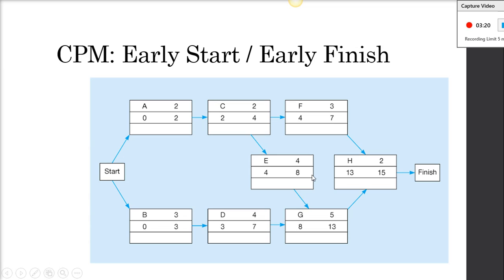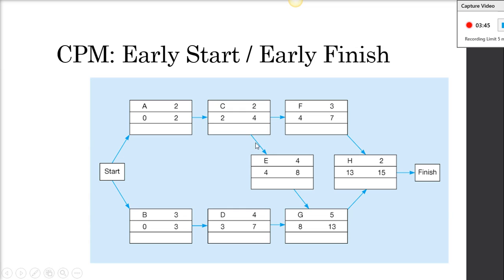This continues on, and where it gets interesting is G. G's earliest start time is 8. Why is it 8? Because even if D gets done at 7 weeks, it's still going to wait for the latest earliest finish time from its precedence. So it's going to start at 8 because E finishes at 8.